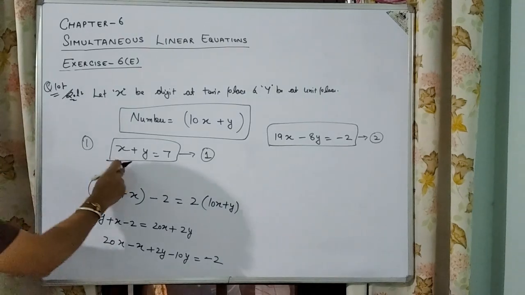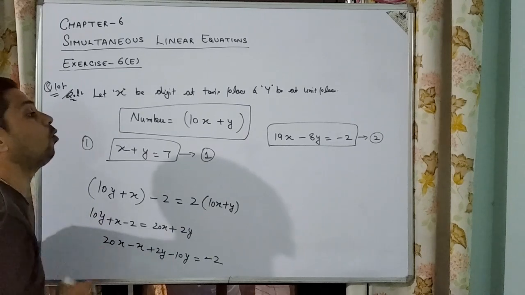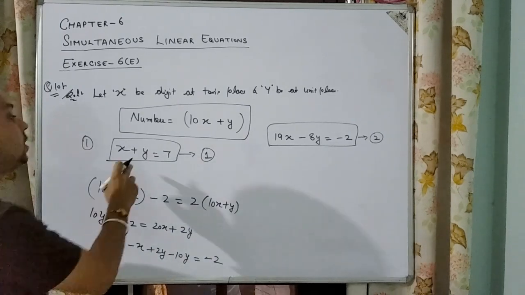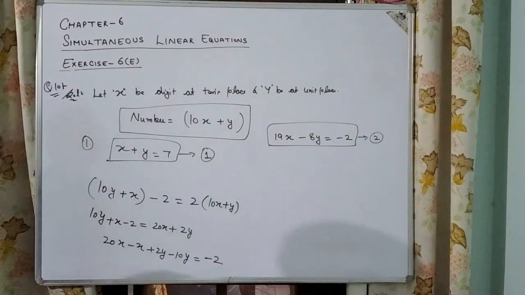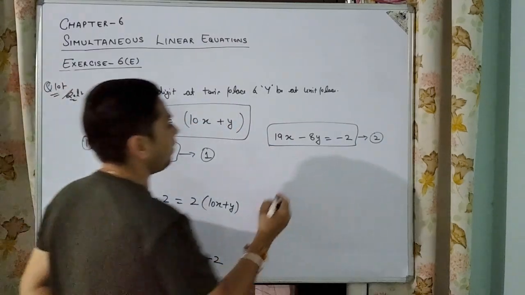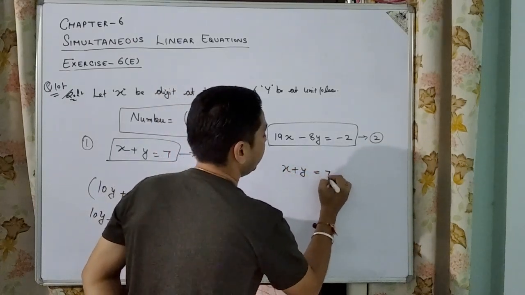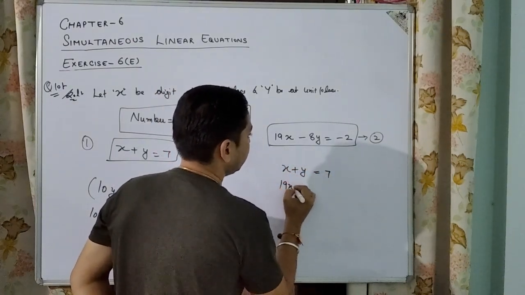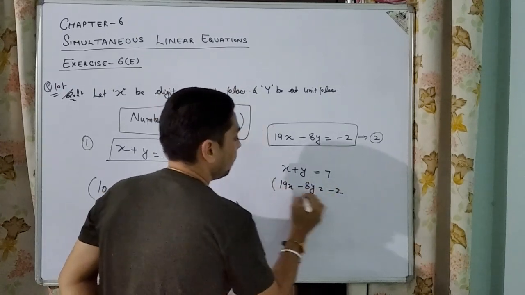Now solving these two equations for the values of x and y. The first equation is this and the second equation is this. Use any method to solve these equations. We have x plus y is equal to 7, then 19x minus 8y is equal to minus 2.